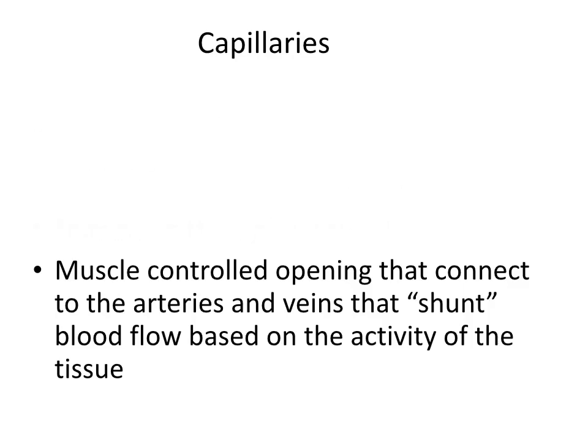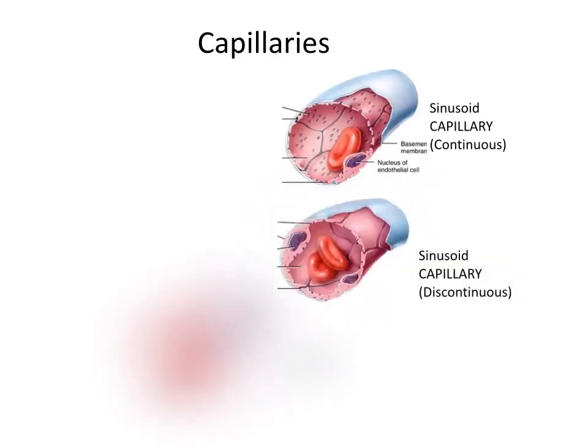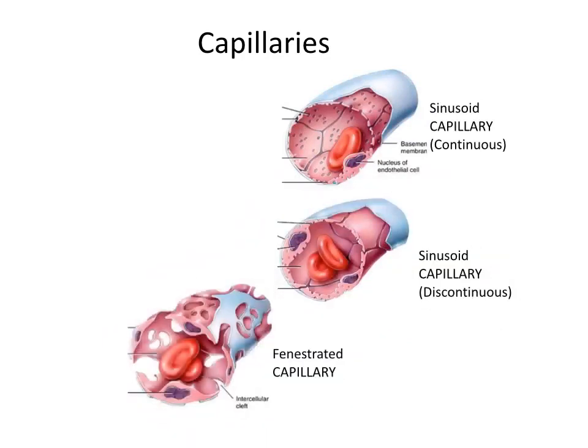In general, there are 3 distinct types of capillaries. We break them up into what are usually referred to as the sinusoidal capillaries and the fenestrated capillaries. Within the sinusoidal capillaries, there are 2 distinct types. There are the continuous and the discontinuous. The continuous have no gap junctioning occurring whatsoever.